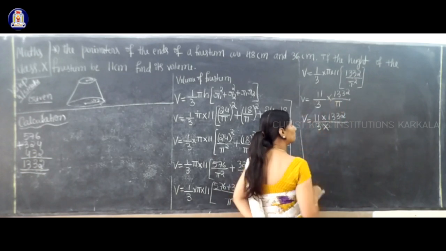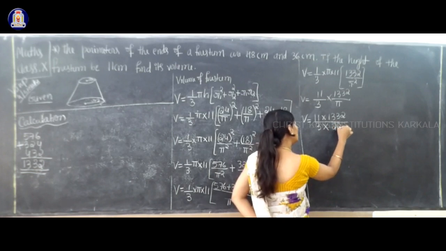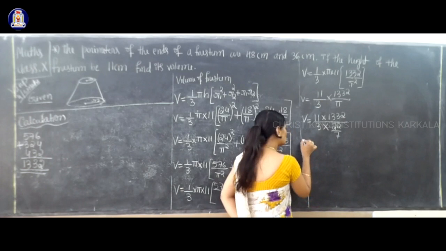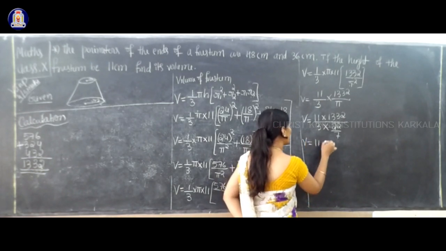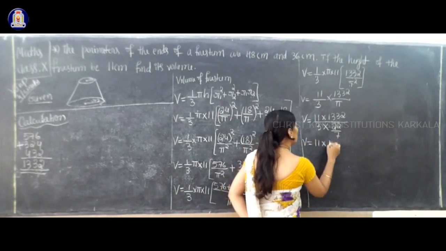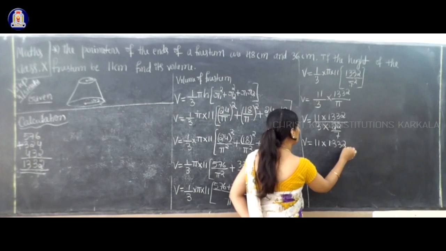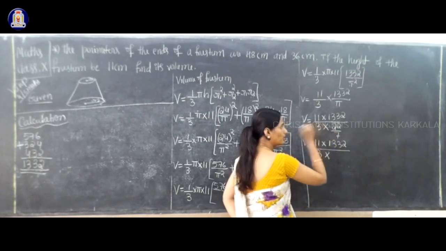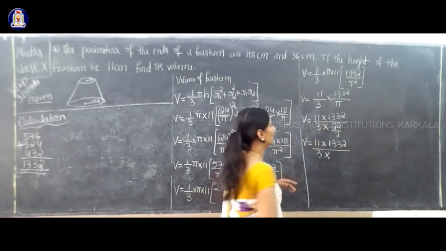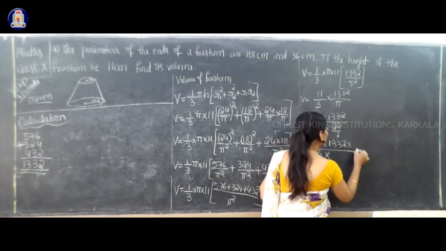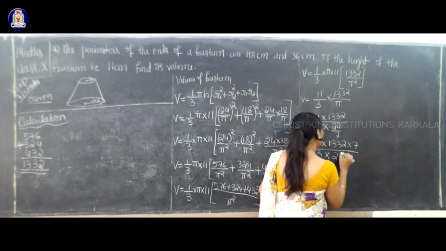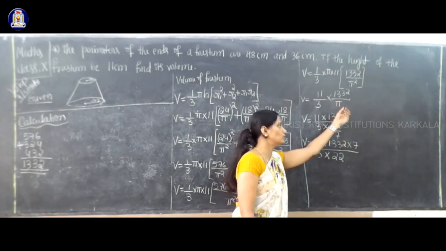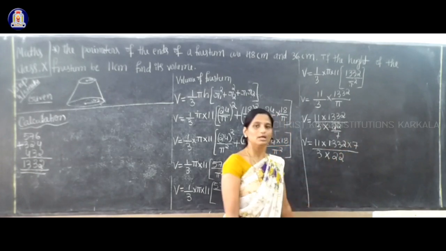Now substitute pi, which is 22 by 7. So V is equal to 11 into 1332 divided by 3 into 22 by 7. When 22 by 7 goes to the numerator, it becomes 7 by 22.